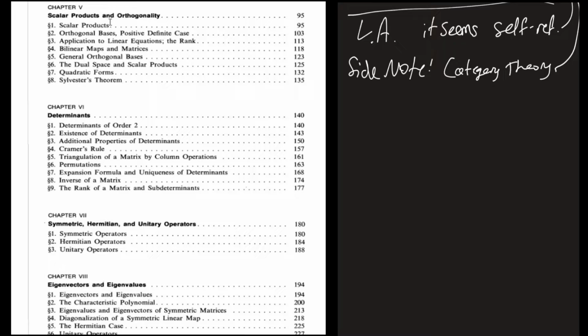Okay, after that, scalar products and orthogonality. So we have scalar products, orthogonal bases, positive definite case, application to linear equations, the rank. See, the rank came up a lot in abstract algebra, so that's going to be really useful to remember, to see how it was brought up in linear algebra. It's very cool.